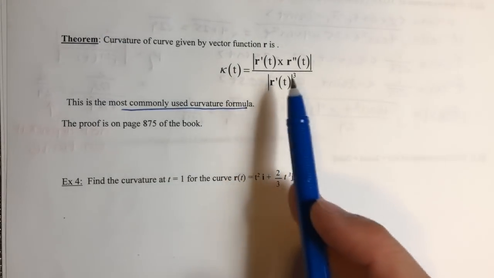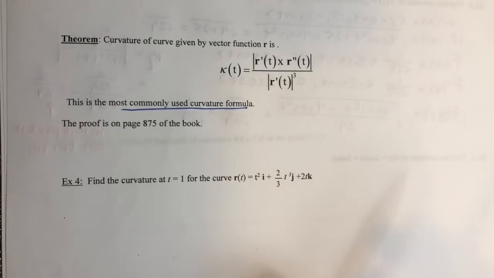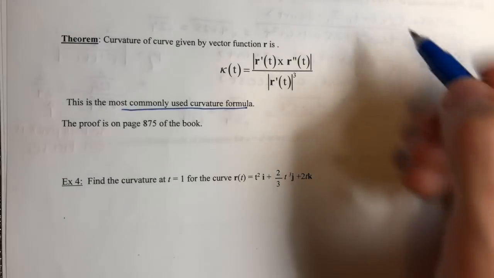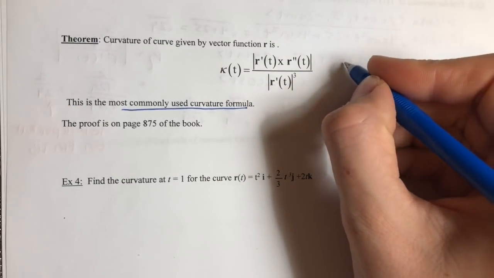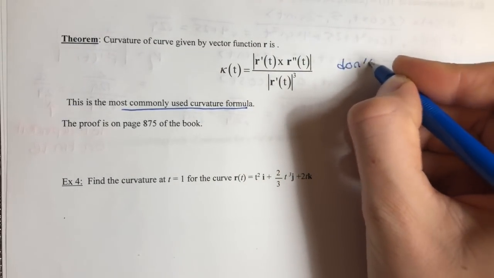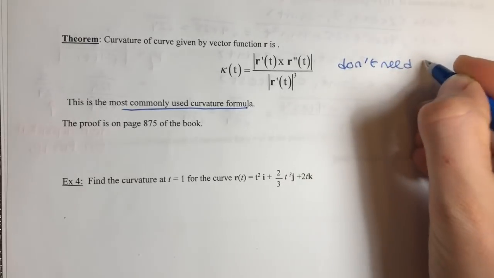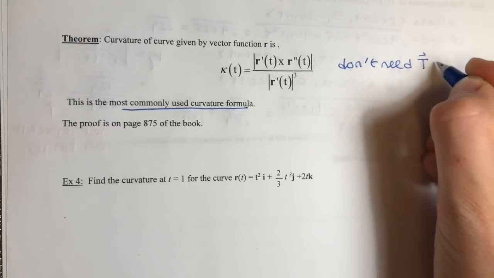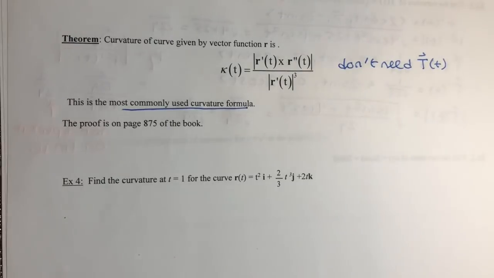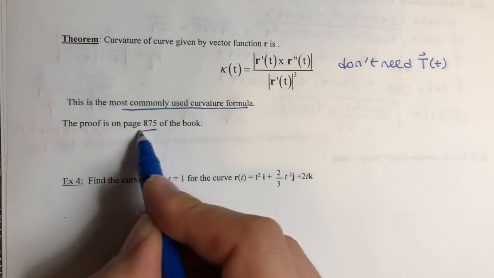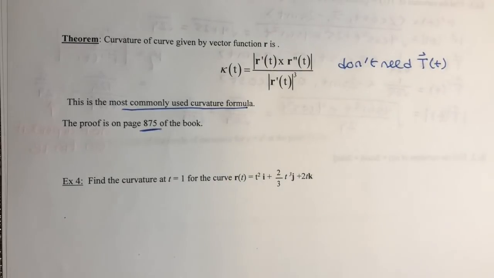It does involve a little bit more of a cross product, but once you're used to doing the cross product, that's a little bit easier than finding T of T. So this formula is nice because we don't need the tangent vector, and we don't need to take the derivative of it, or the unit tangent vector, excuse me. If you would like to see the proof for that, make sure you look at page 875 in your book.